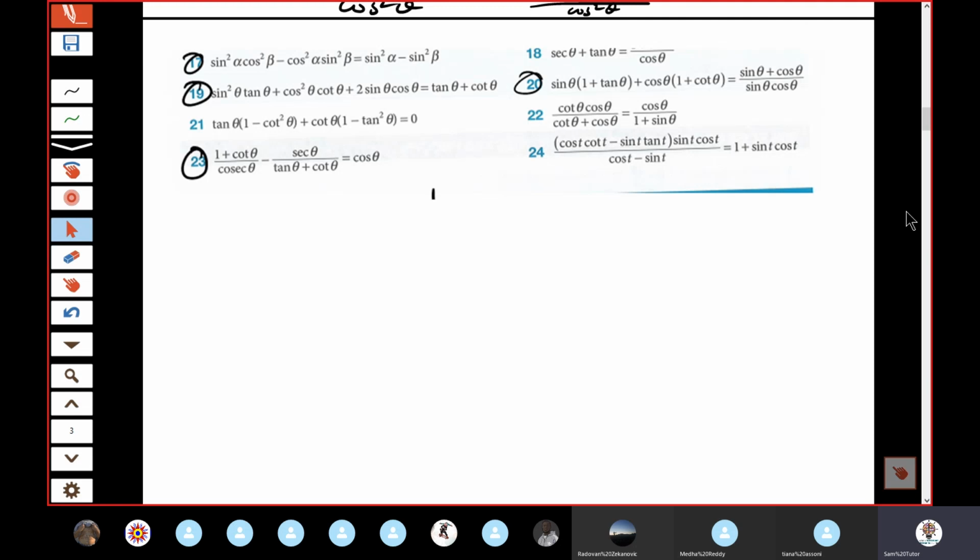Sine squared alpha cos squared beta. Let me see how you did it there. What did you try? Change it to one minus sine squared theta.